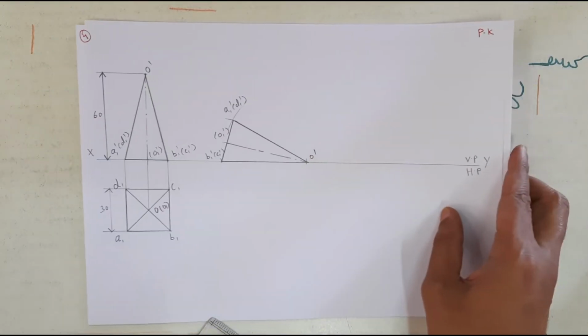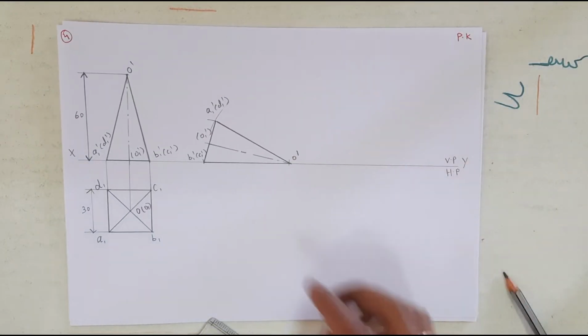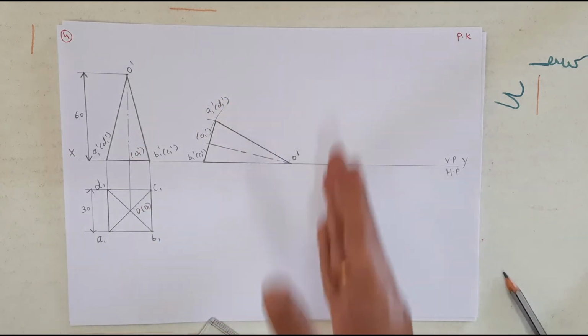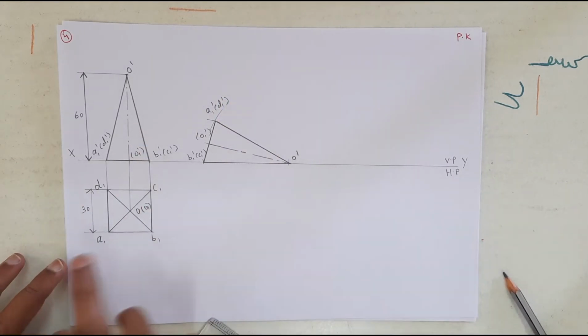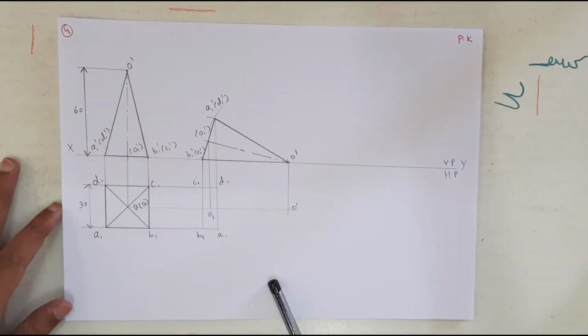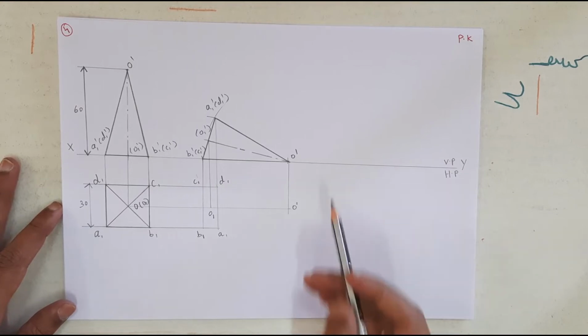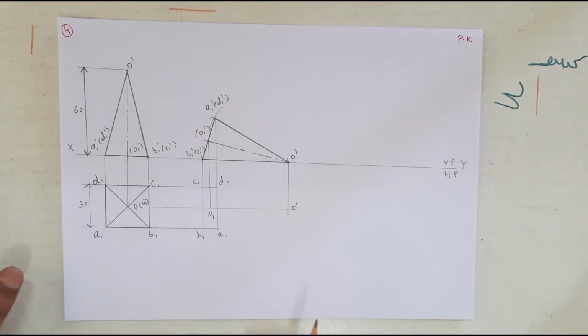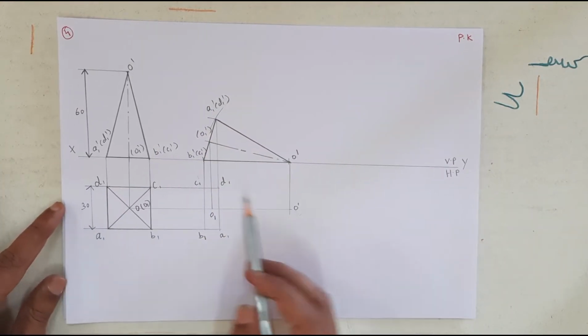What is the next step? The next step is to draw all the vertical projections onto the horizontal projection and identify all the corners. Shall we do it? Okay, see, now I have drawn the projections and located all the corners.